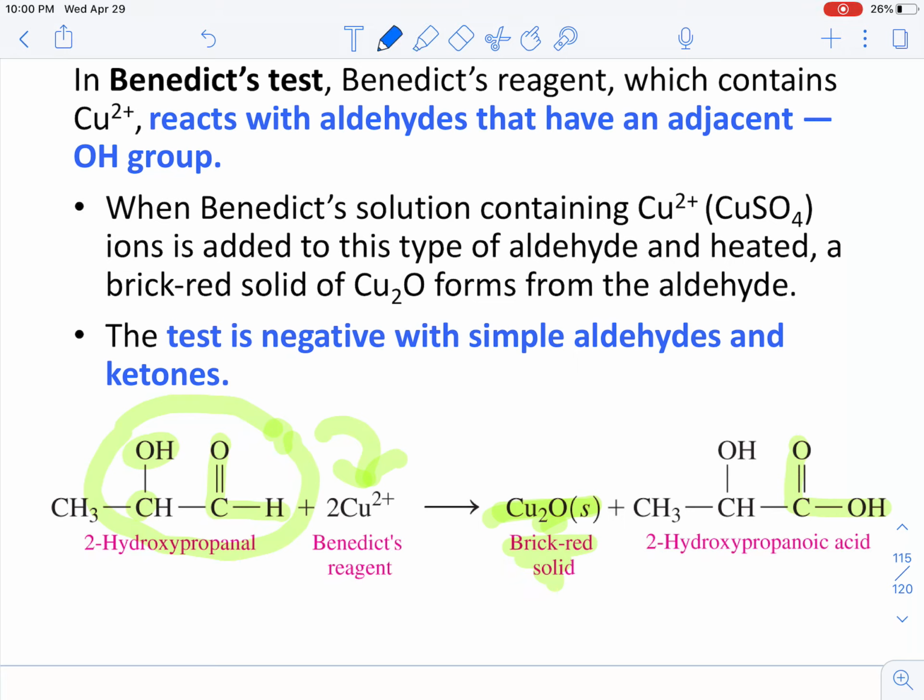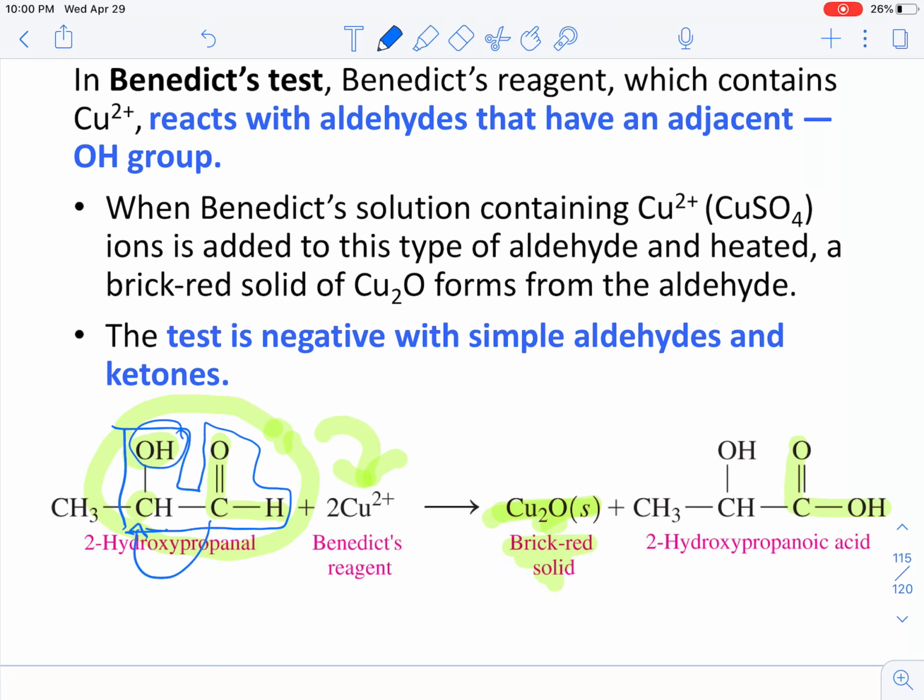Okay. So we'll talk about this again when we talk about carbohydrates in the next chapter. But the prerequisite is that we have this aldehyde, and exactly one carbon away, there's an alcohol.